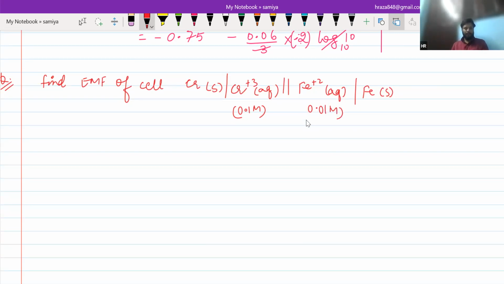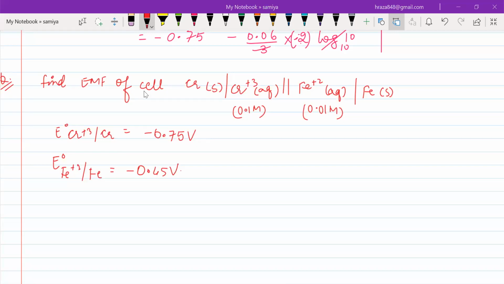E naught of Cr plus 3 slash Cr is given as minus 0.75 volt, and E naught of Fe plus 2 slash Fe is given as minus 0.45 volt. We need to calculate EMF of cell.